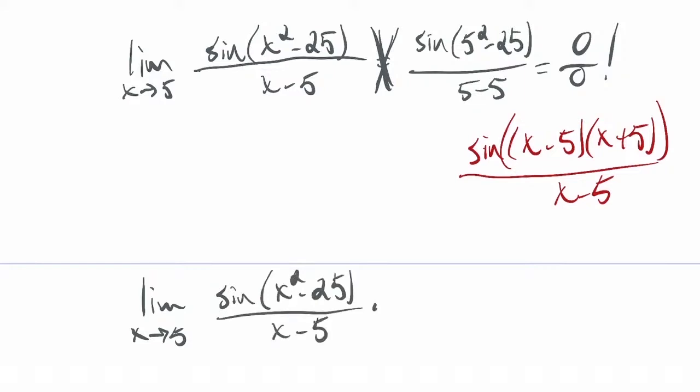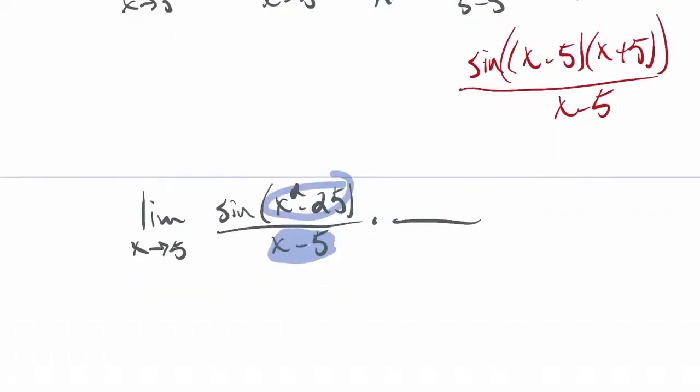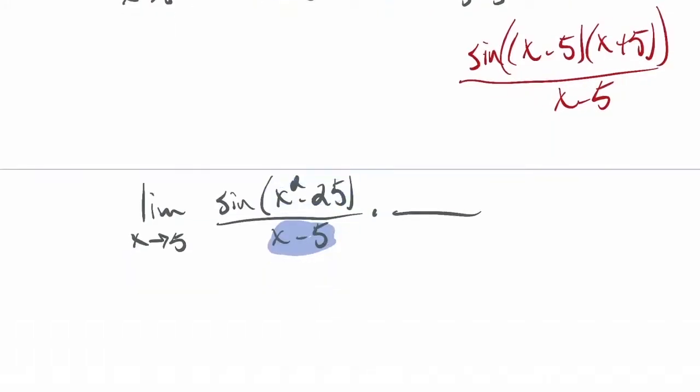I want this denominator to be identical with the numerator's input, so I can multiply top and bottom by x plus 5, so that this x minus 5, when I FOIL it with the x plus 5, gives x squared minus 25 on bottom.